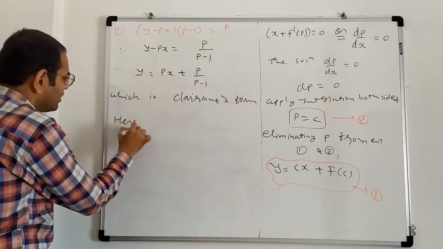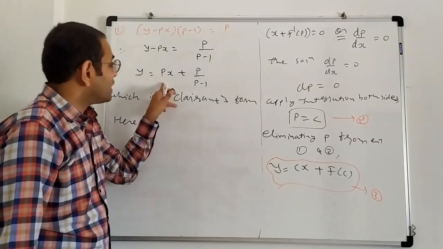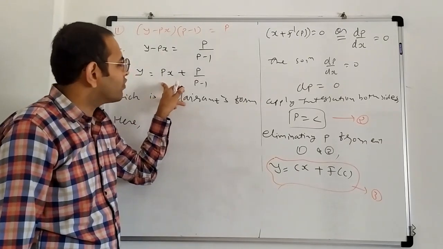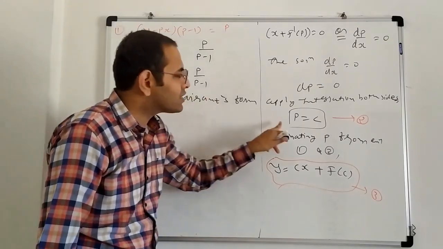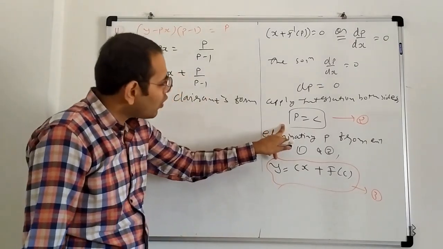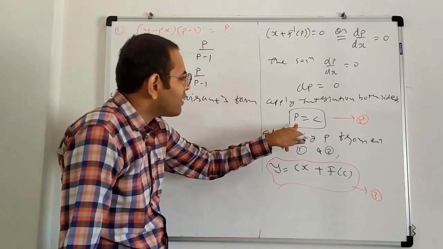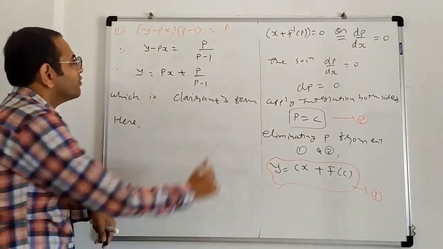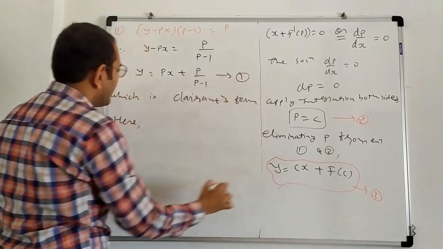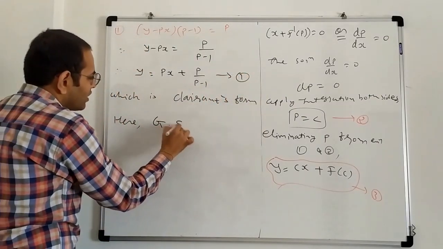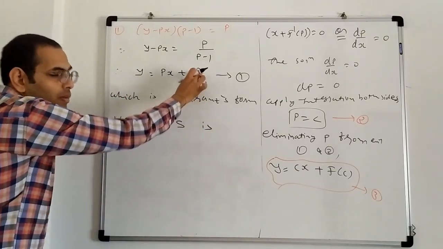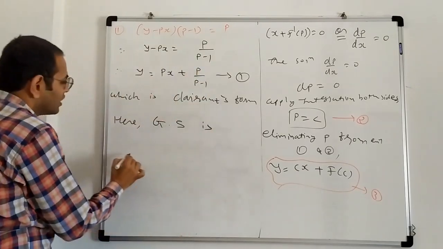Then, according to the theory of Clairaut form, we find the general solution obtained by replacing the value of p equal to c in equation 1. Then we get the general solution by just replacing p as c.